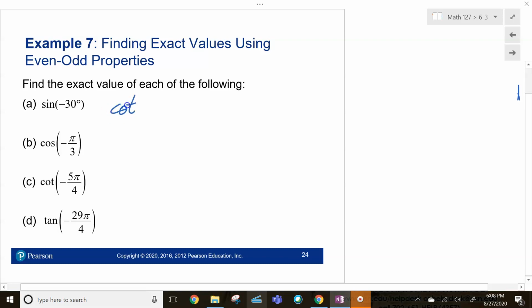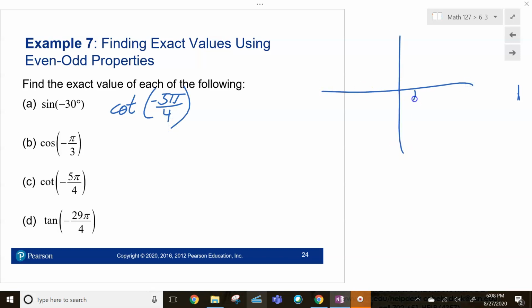Cotangent of negative 5 pi over 4. So I'm going to go around negative pi, minus pi over 4 more, so there's your negative 5 pi over 4, the same thing as negative 225 degrees. And you're right here.